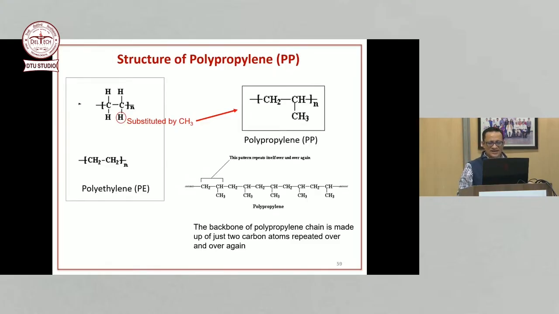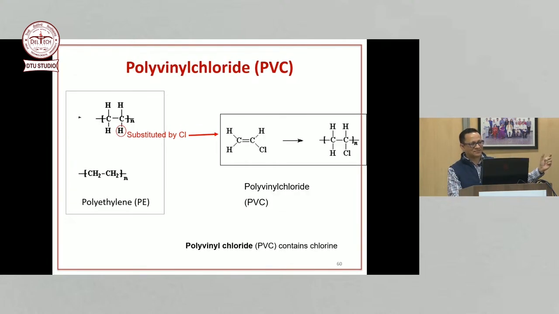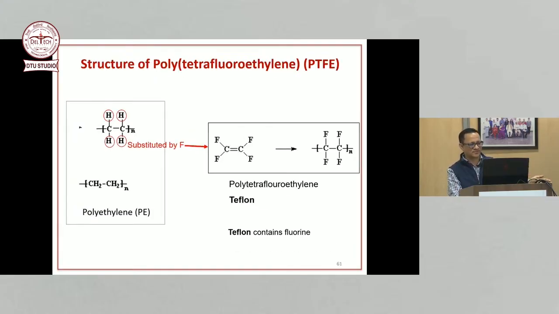Now, like we said, you have this pendant group. You have polyethylene, the pendant group is substituted by a methyl group, and now you made polypropylene. Okay, if you substitute the hydrogen from polyethylene with chlorine, you made a PVC polymer.